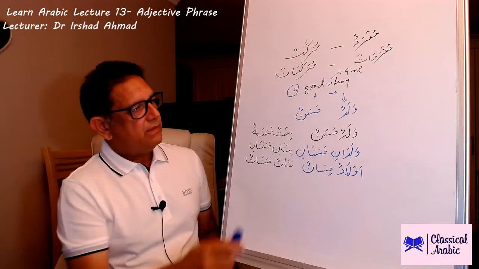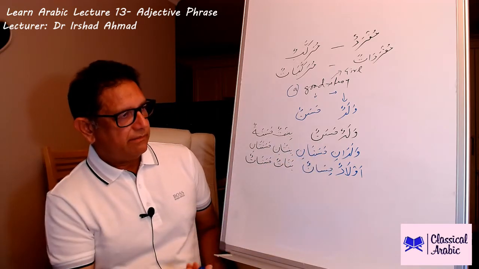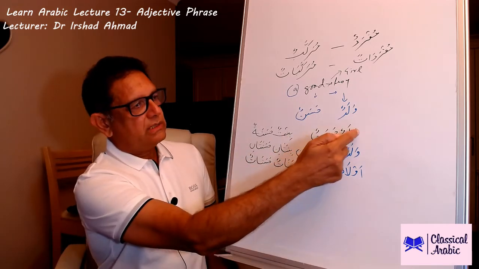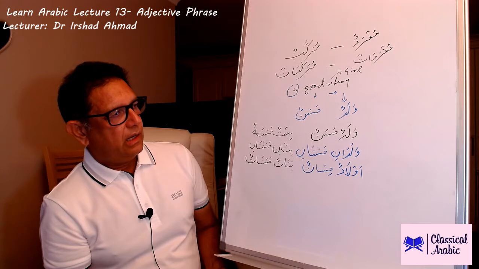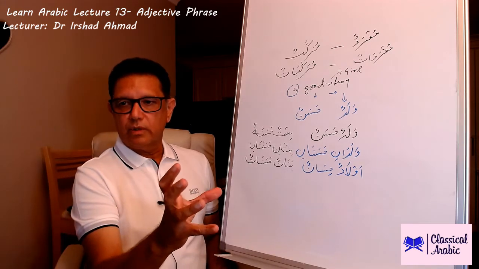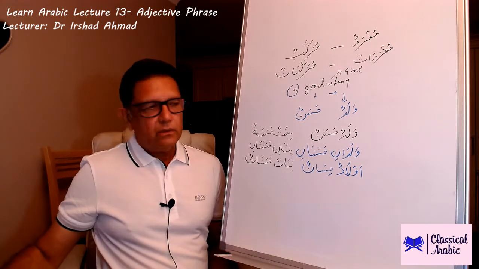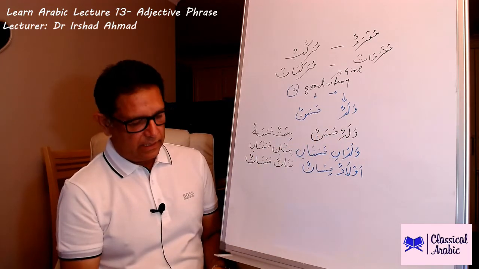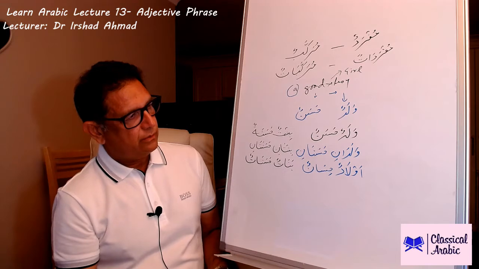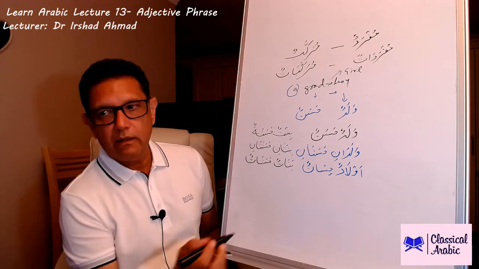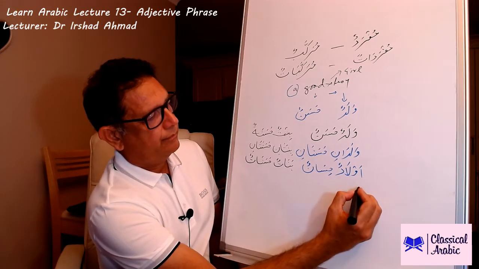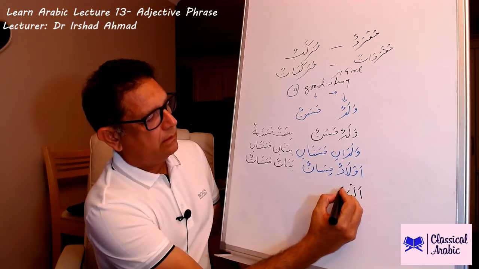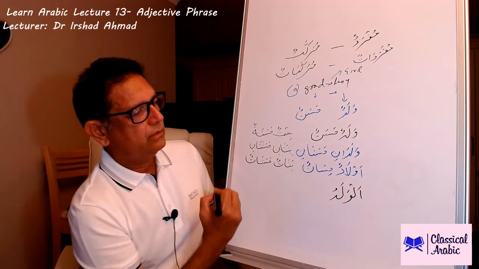Then we can easily make these definite, and what we have to do is we know that we can add al. So for example here, we want to say the good boy rather than a good boy. So what we're going to do here is make boy definite by adding al. So we are going to say al waladu.